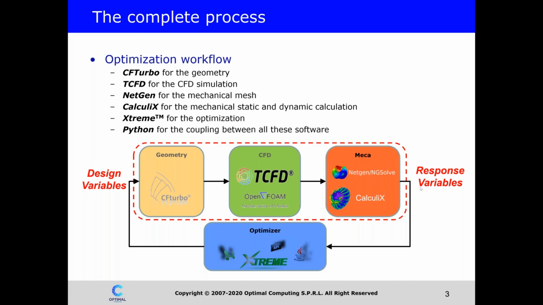At the end, we get some response variables such as the efficiency, the head, the maximum von Mises stress, or the vibration modes. And then we connect this simulation suite with our optimizer Xtreme.